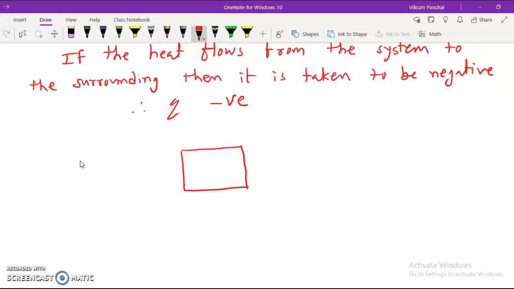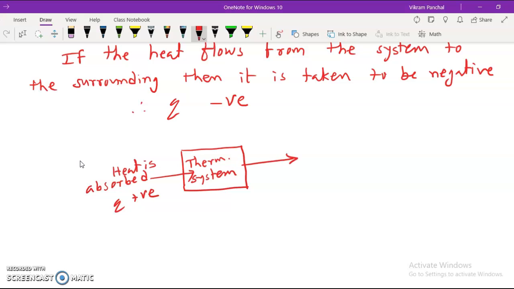This is a thermodynamic system. If heat is absorbed by the system, then Q will be positive.